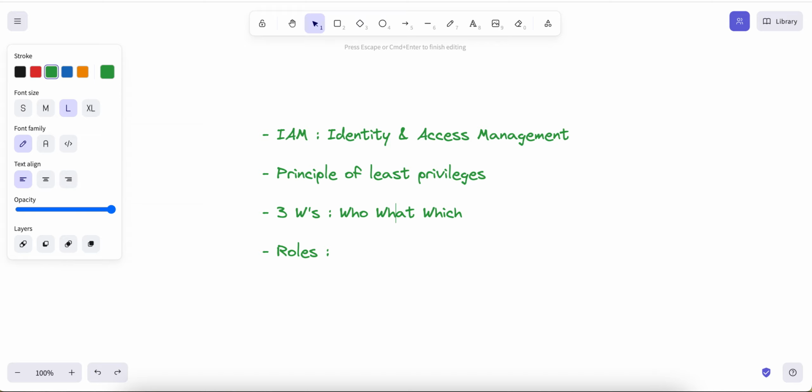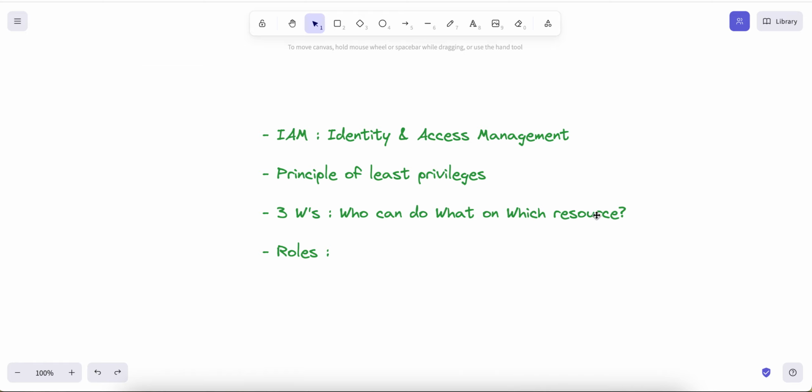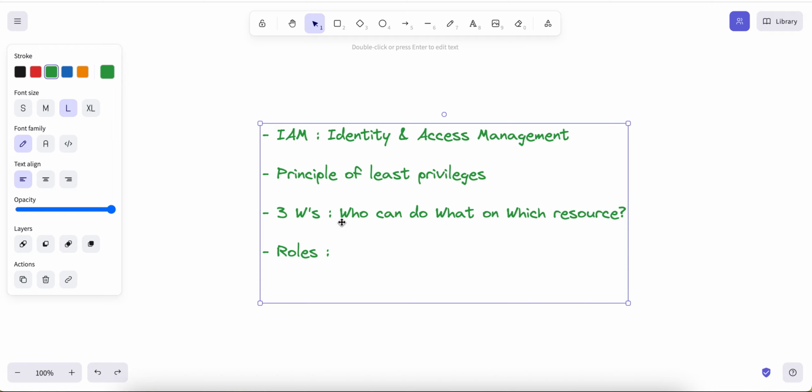Let's fill in the gap between these: who can do what on which resource. The combination or the answer of all these questions which we have asked with these three W's is nothing but your IAM role, right?